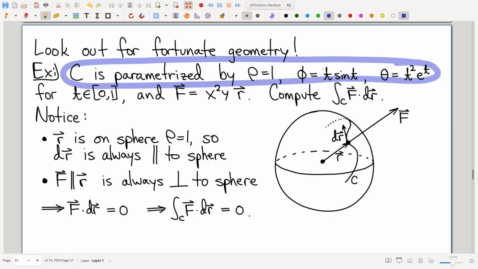A parameterization, you can look back and check the notes, gives rectangular position, x, y, z, as functions of time. So when I say this is a parameterization, what I mean is this implies a parameterization, because let's face it, if you know rho, phi, theta, you plug into the conversion formulas, now you've got x, y, z as functions of t.